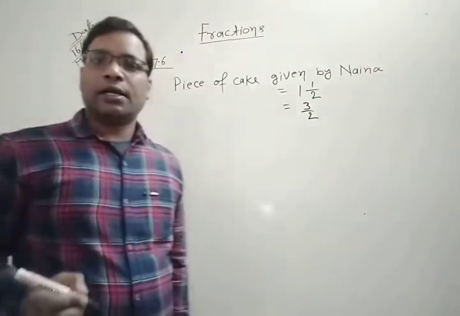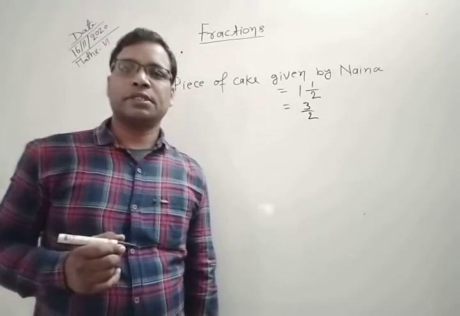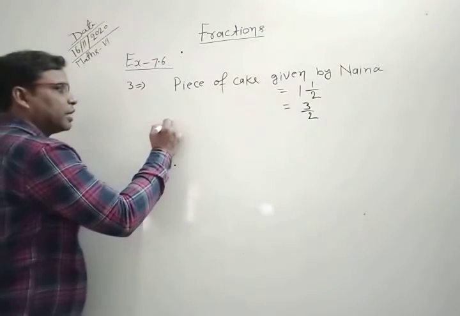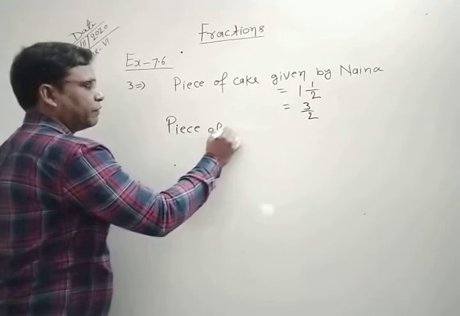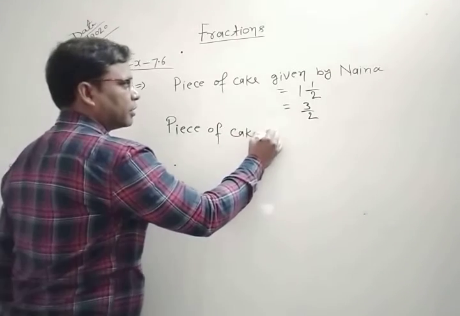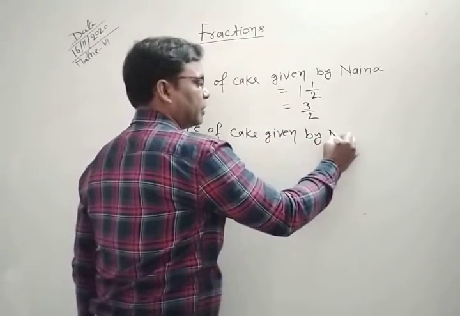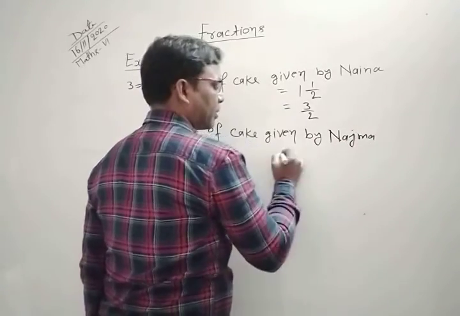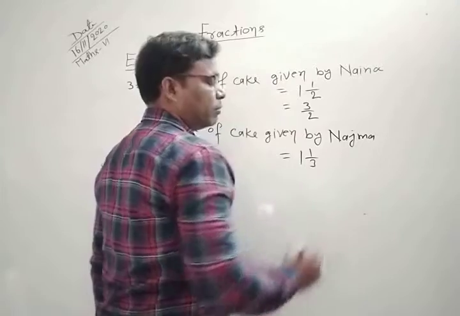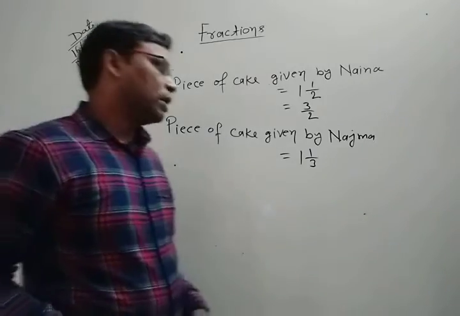And again, this is given: the piece of cake given by Najma is equal to 1 whole 1 by 3.